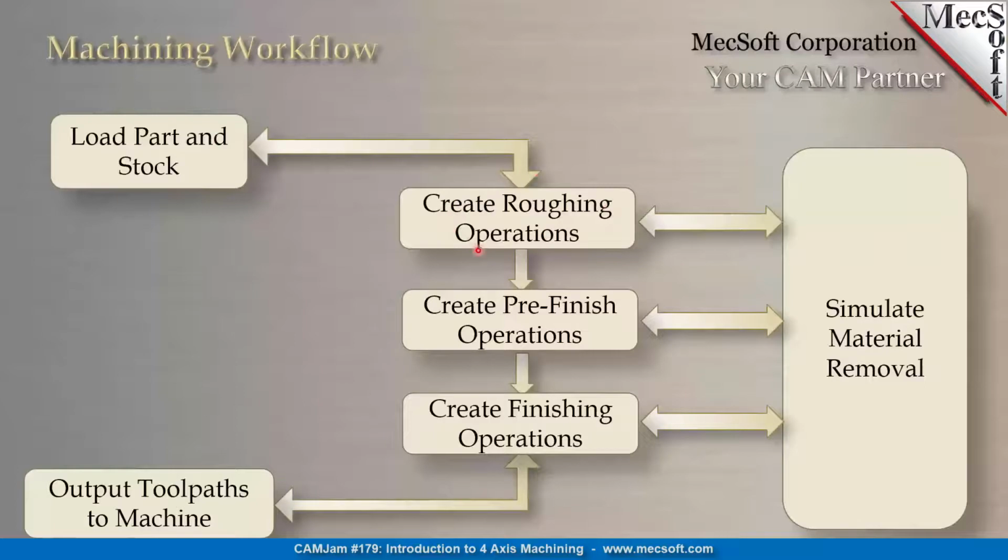This could be using a combination of 2-axis or 3-axis operations, where you could be programming facing, pocketing, or 3-axis roughing operations, and then generate pre-finishing and finishing operations, which could be using profiling, engraving, hole profiling, hole pocketing, and then you simulate the operations to verify that the cut material simulation looks correct, and then you would finally output the toolpaths that you programmed to your machine tool. So we're going to be following a similar machining workflow when we program this part using indexed machining or continuous machining toolpaths in our 4-axis machining demonstration today.